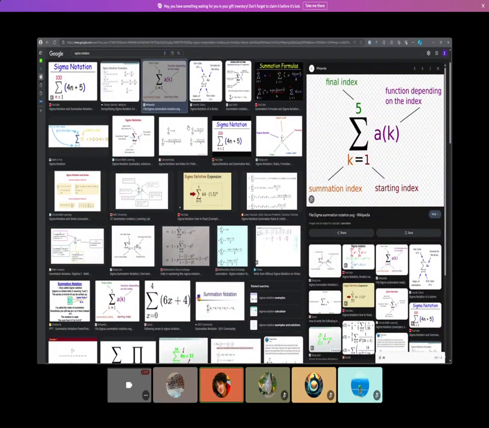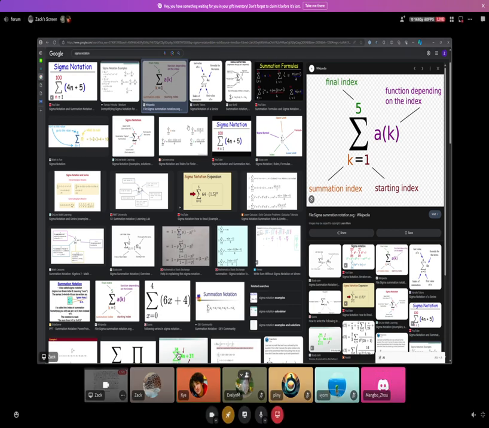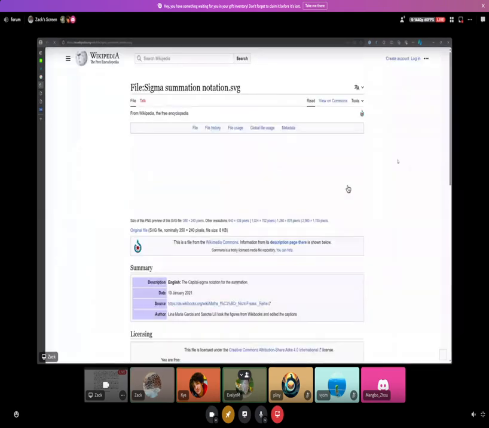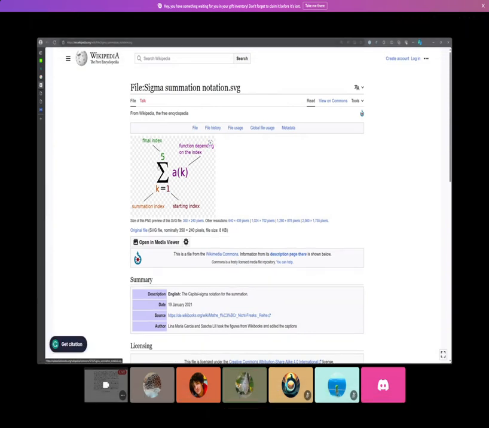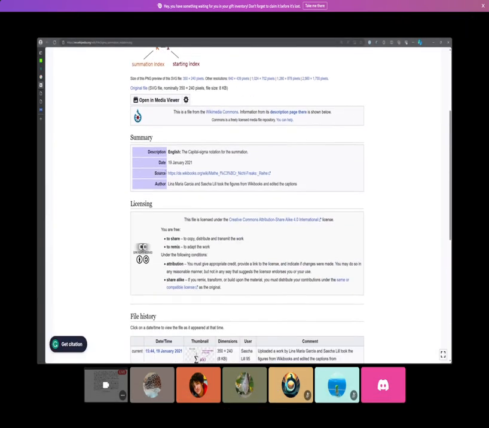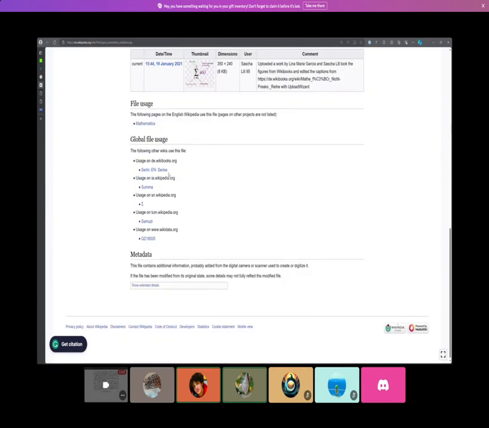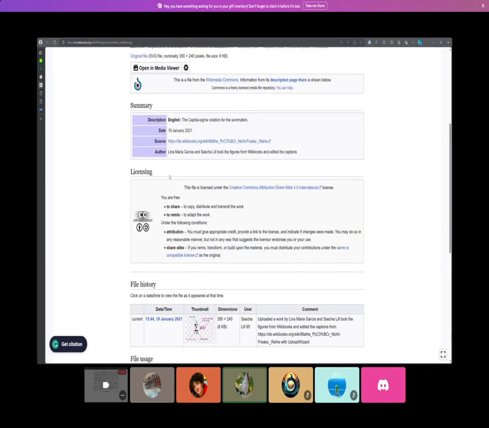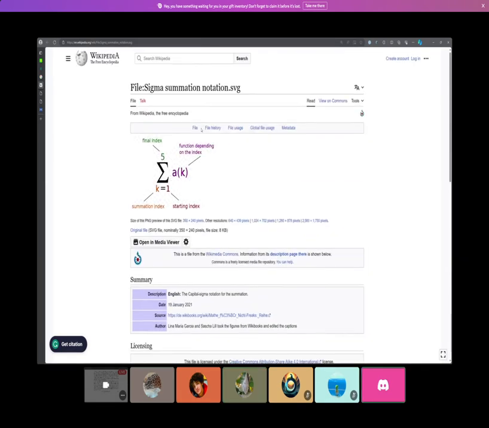Evelyn, correct me if I'm wrong, but the final index implies the maximum. Final index means the last element, the last number, the last row and column.